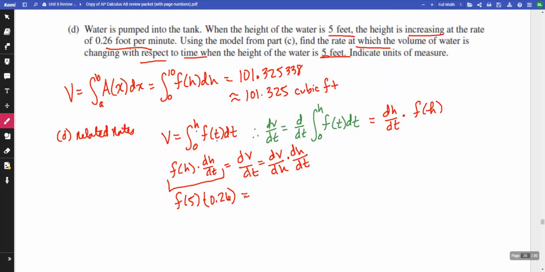And if I use my calculator, that's going to give me 1.694419. And it says to indicate units of measure. So therefore, it's going to be approximately 1.694. And this is going to be a rate of change of volume over time. And it's talking about minutes, so I have feet cubed per minute.